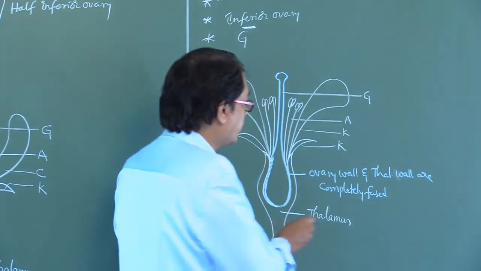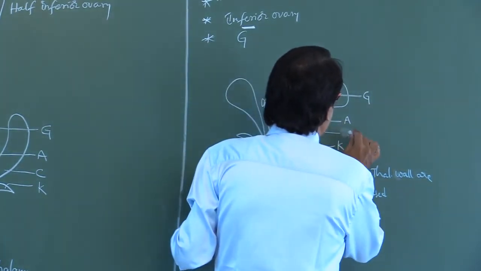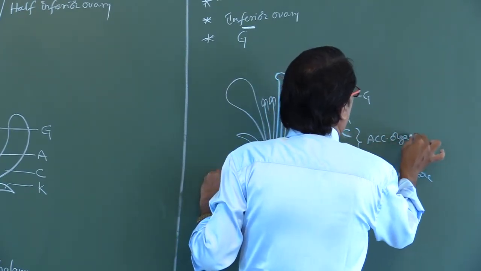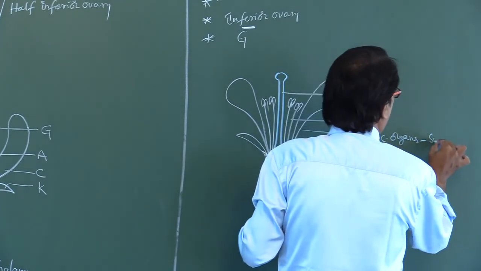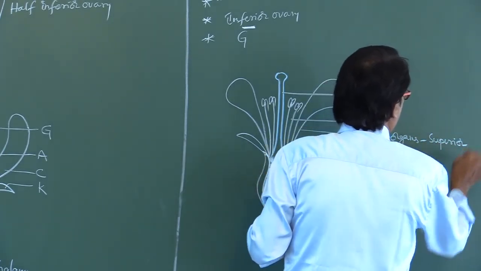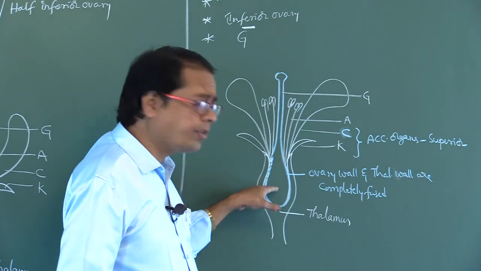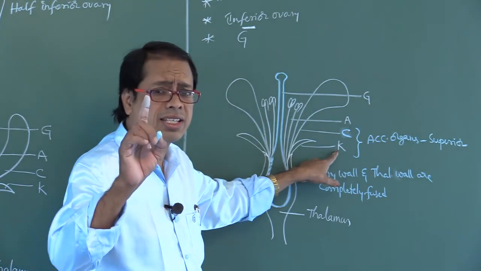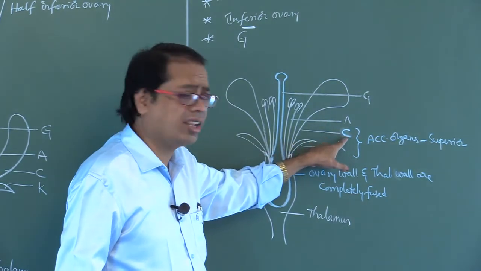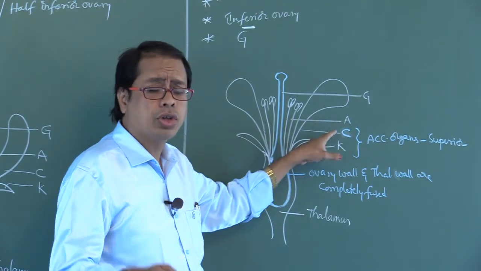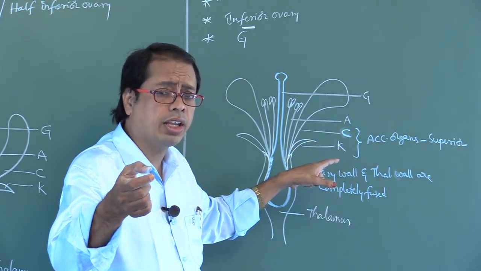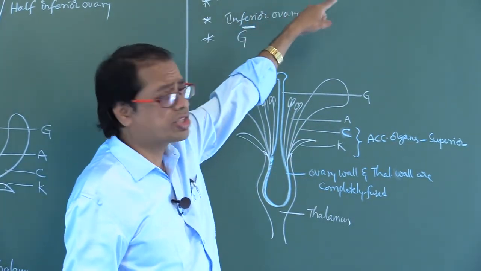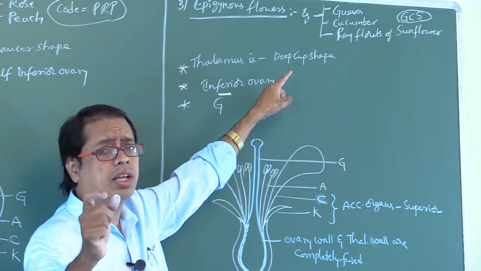Accessory organs are superior. Calyx is represented as K, corolla is represented as C, androecium A. So, inferior ovary is found in epigynous flowers. Examples, code is GCS: guava, cucumber, sunflower.